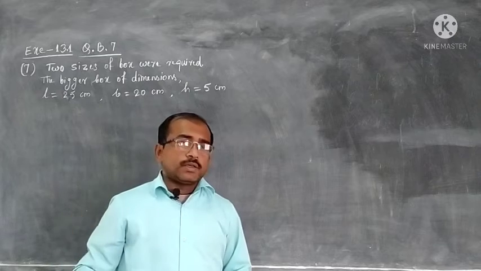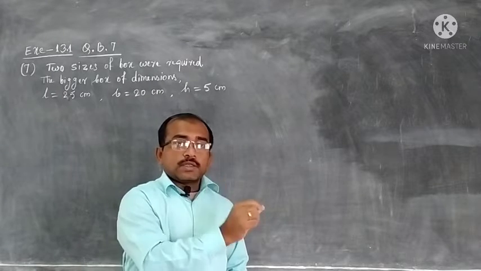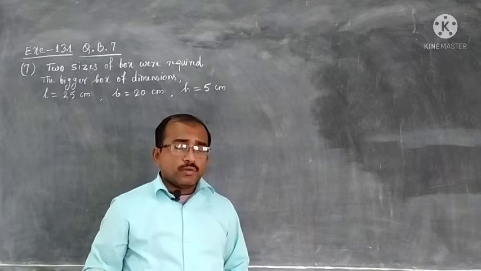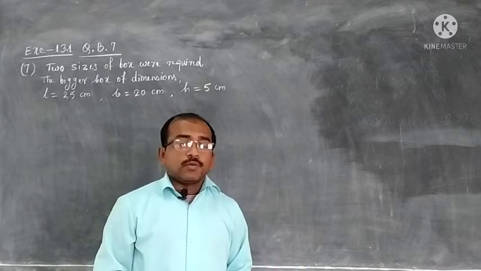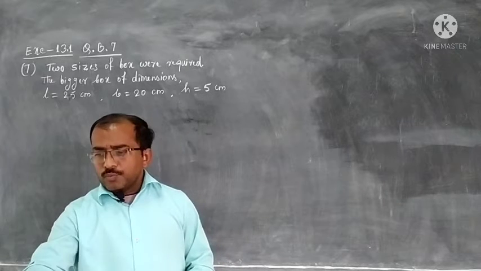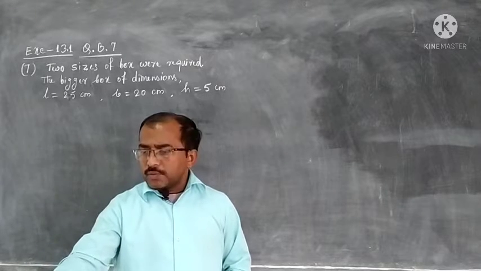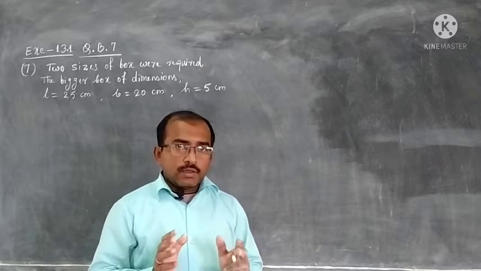Again, we will find the total surface area of the smaller cardboard box. Then we calculate 5% extra of the total surface area, and then we find the total cardboard required for the boxes, and then the cost according to the rate, rupees 4 for 1000 centimeter square. So, the solution is to be done this way.